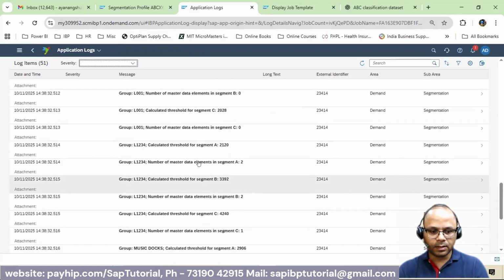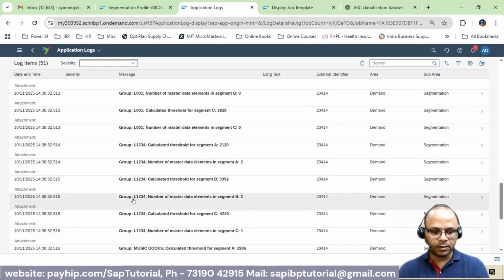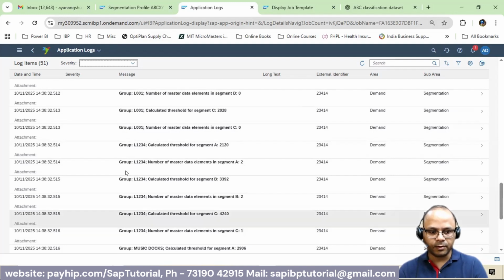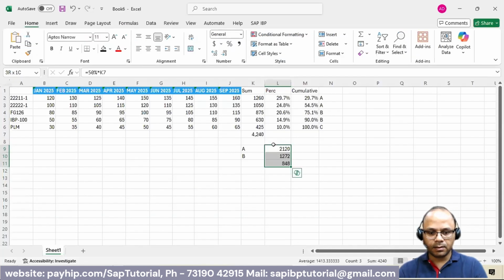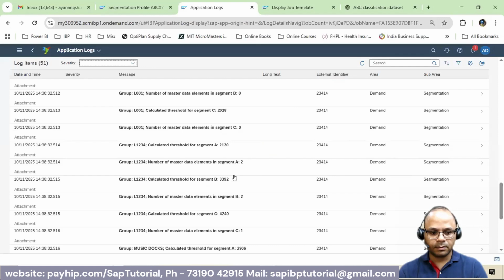What we see over here is for this group L1, 2, 3, 4, right? This is the one that we ran for. So the threshold for segment A is 2120, right? So the 50% of the total volume for A is 2120.